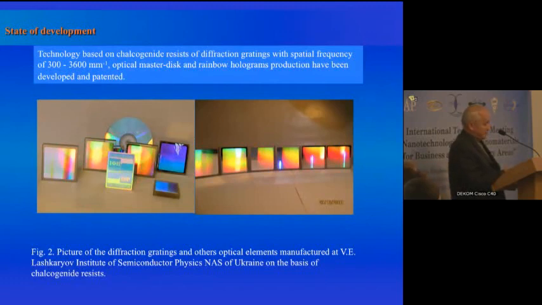The study of characteristics of these materials, the first batch of elements, shows that they match the best analogues from other countries, and we managed to increase the spectral frequency and decrease the size.